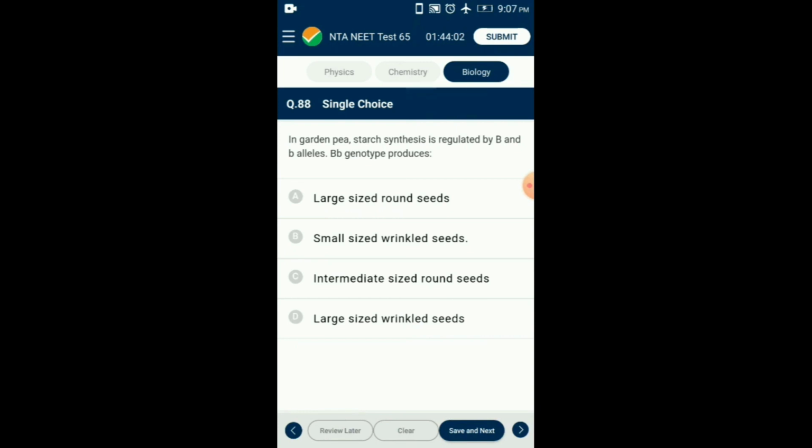Starch is synthesized effectively by capital B homozygotes, and therefore large starch grains are produced. In contrast, small b homozygotes have lesser efficiency in starch synthesis and produce smaller starch grains. Capital B, small b produce intermediate seeds. So the answer for this question is option C, intermediate sized round seeds.